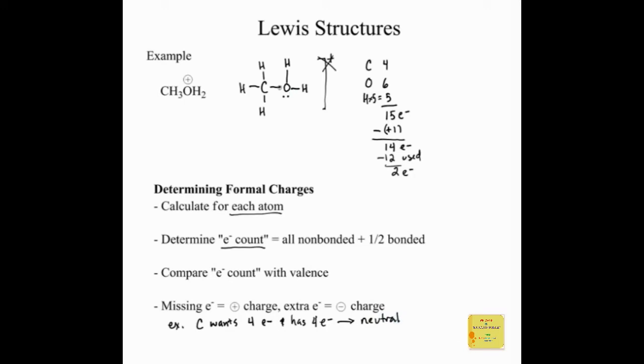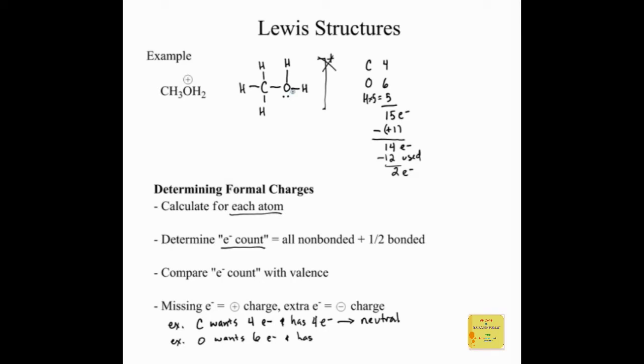Now let's take a look at this oxygen. What is the valence for oxygen? Oxygen wants 6 electrons in order to be neutral. And what is the electron count for the oxygen in this Lewis structure? Well, we have 2 non-bonded electrons. Those are owned completely by oxygen, so we'll count those completely. 1, 2, and then half of all our bonded electrons. 3, 4, 5.